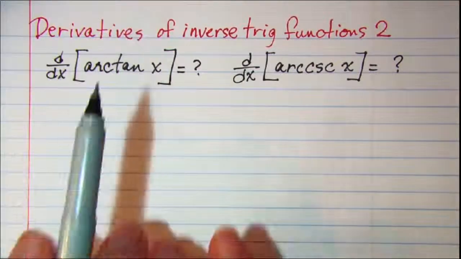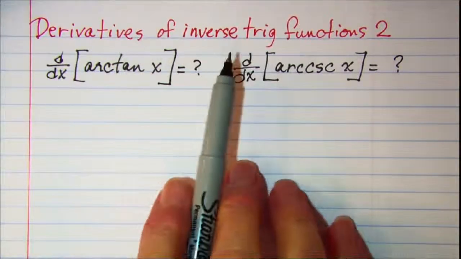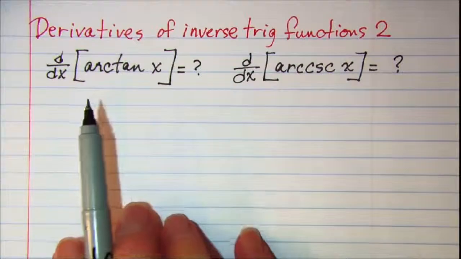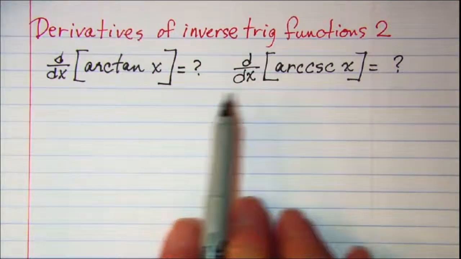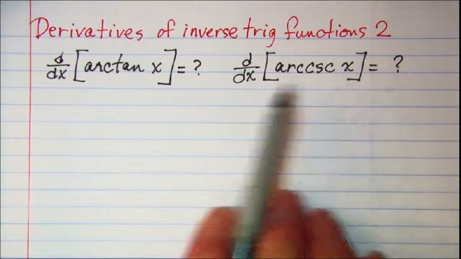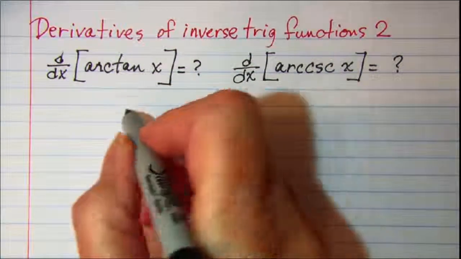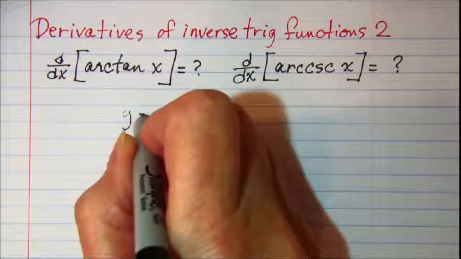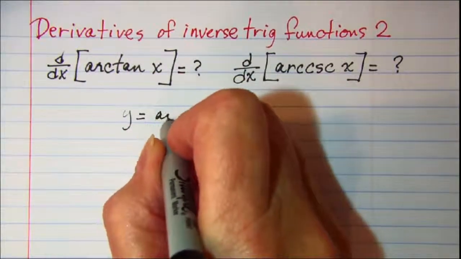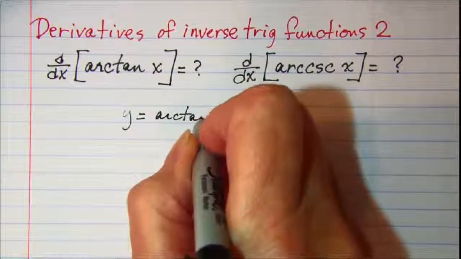In this video, we'll be finding the derivatives of inverse trig functions, specifically arctangent and arccosecant. Let's do the arctangent x first. We'll let y equal arctan x.